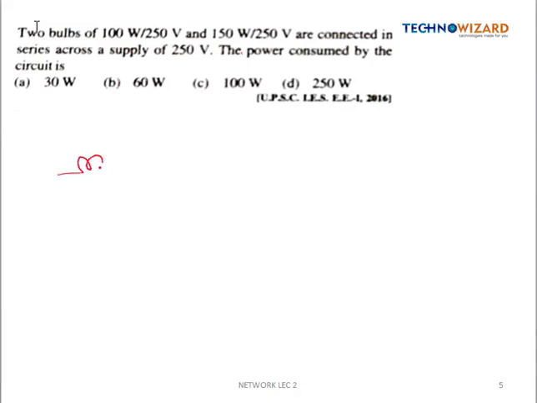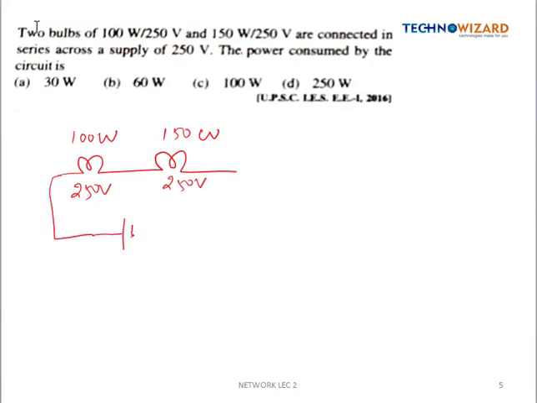Suppose this is our bulb and this is another bulb. They have already mentioned it is 100 watt and it is 150 watt, and both have 250 volt. They both are connected across a supply of 250 volts. We need to find out the power consumed by this circuit.